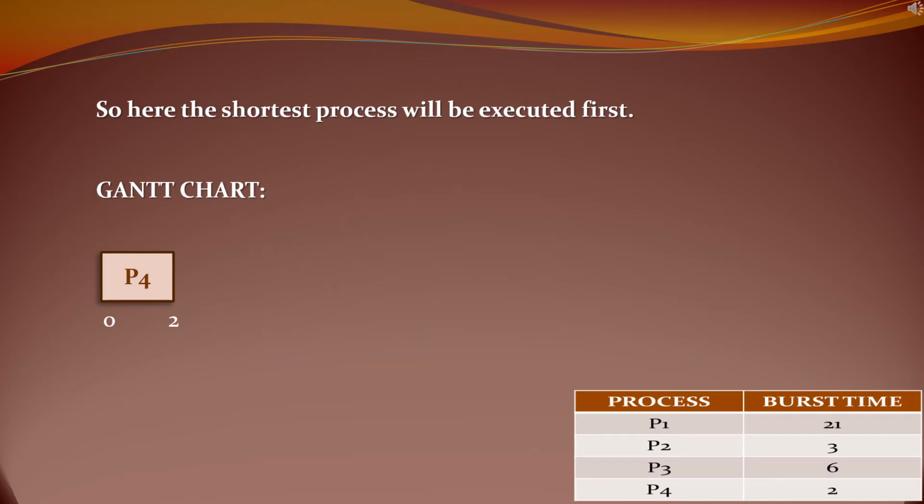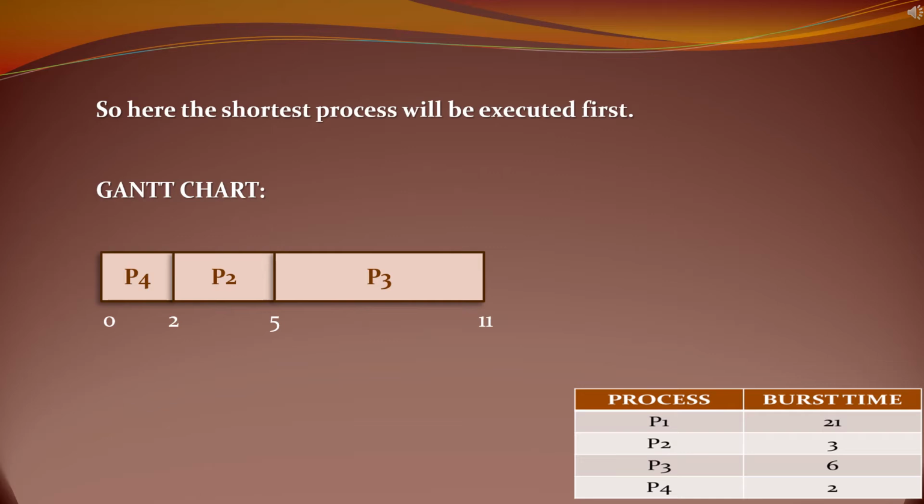So at first we will execute the process P4 at the arrival time 0. After the process P4, the process P2 has the lesser burst time, that is 3. So after that the process P2 will be here, and the completion time will be 5 because 2 plus 3 equals 5.